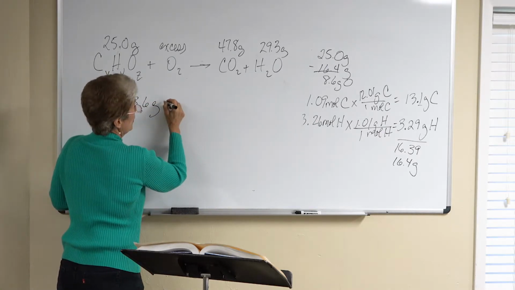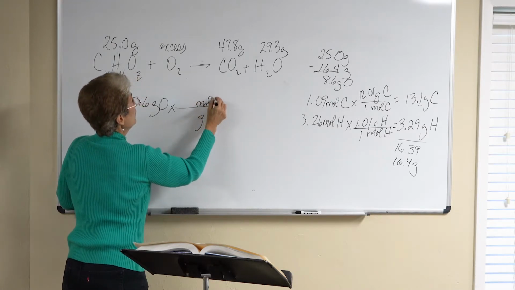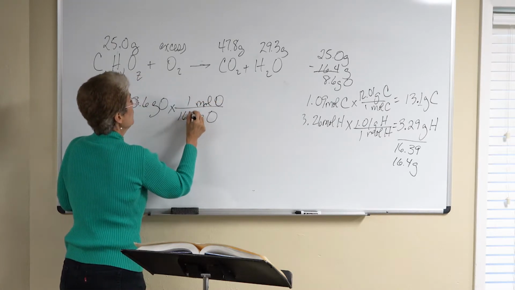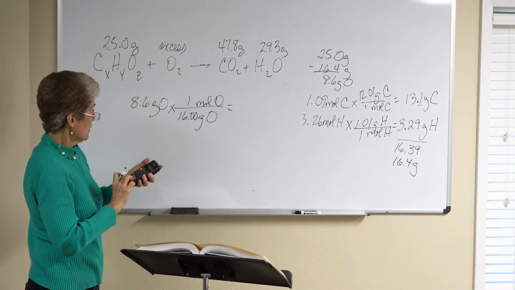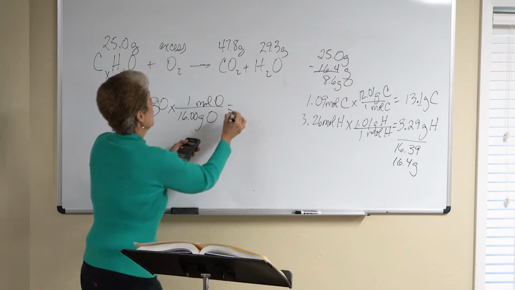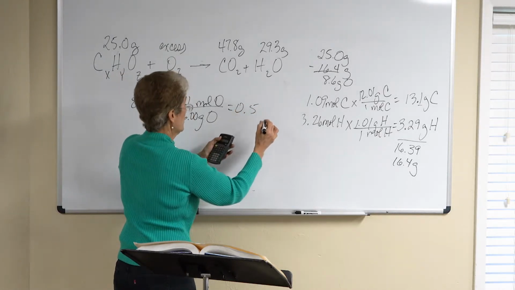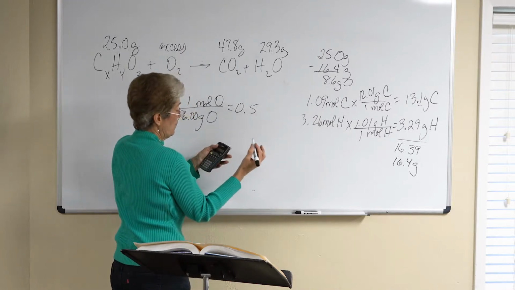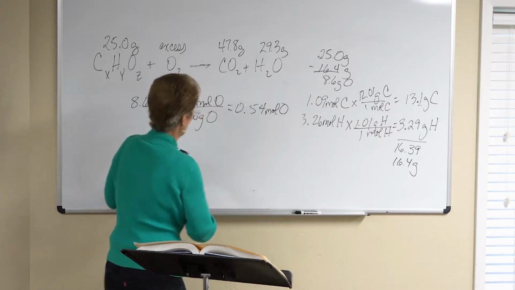Now that we know that, we can figure out how many moles. 8.6 grams of oxygen times, line, grams of oxygen, moles of oxygen, 1 mole, 16.00 grams. So 8.6 divided by 16 equals 0.5375. I have two significant figures, so I'm going to go 0.54 moles of oxygen.